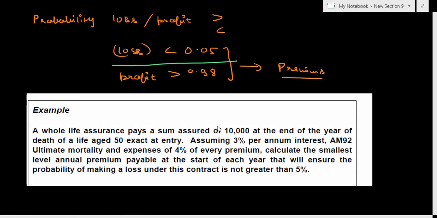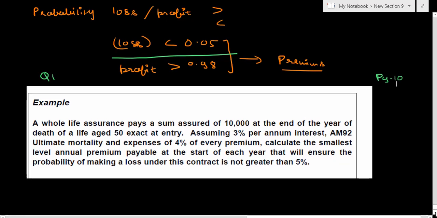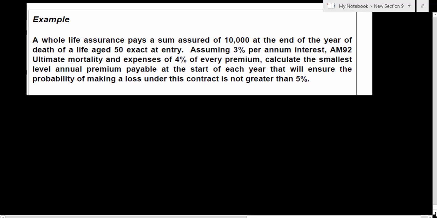This is the simplest kind of example for such a contract, and it is given on page number 10 of your core reading. So let's discuss this. It says that a whole life assurance pays a sum assured of 10,000.